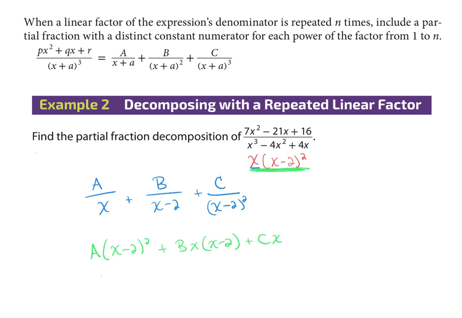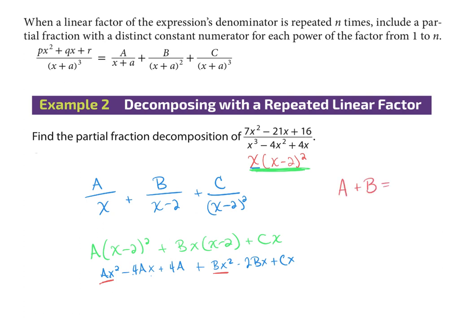So this is going to be ax squared minus 4ax plus 4a plus bx squared minus 2bx plus cx. Right? I think I did that correctly. So now this should all equal my numerator. I'm going to pull my x squared. So I have a and b as my coefficients for x squared.